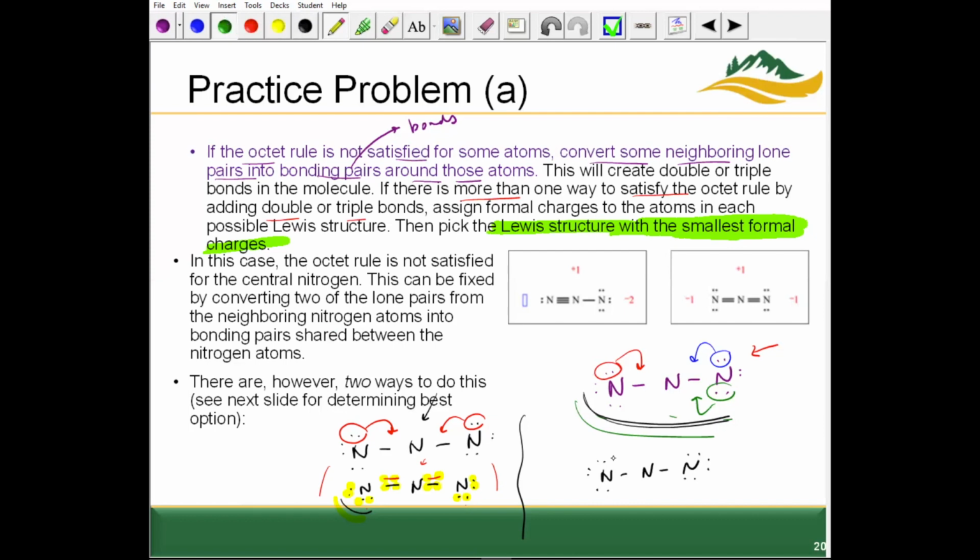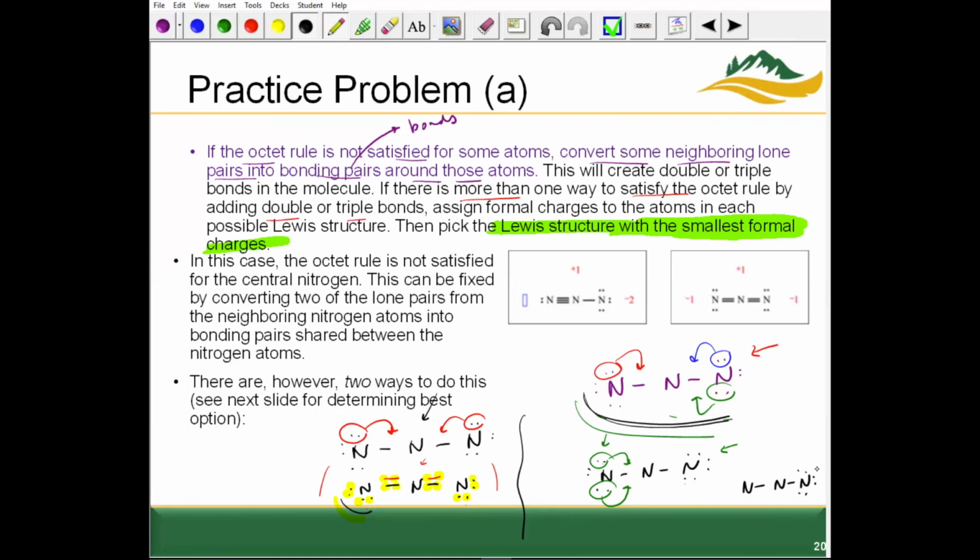Because what if I took 1 lone pair here and then a second one from this nitrogen? Again, because this is symmetric, if I do it with this nitrogen, it would look the same as if I did it with this nitrogen. If I took 2 lone pairs from this one, it would look the same as taking 2 lone pairs from the one on the left. That means this one on the right is currently unchanged.